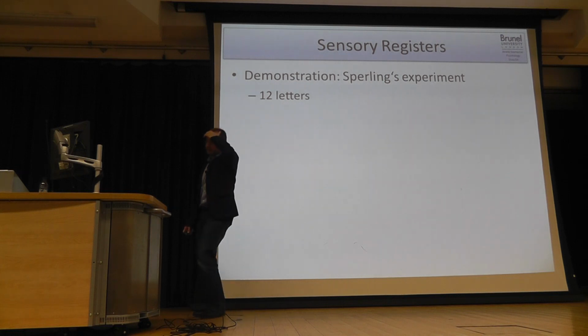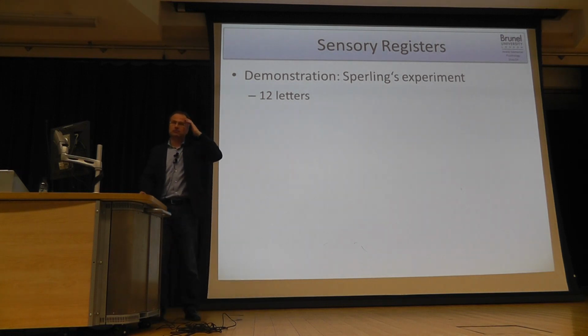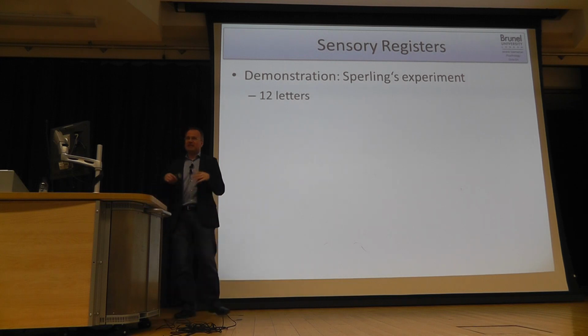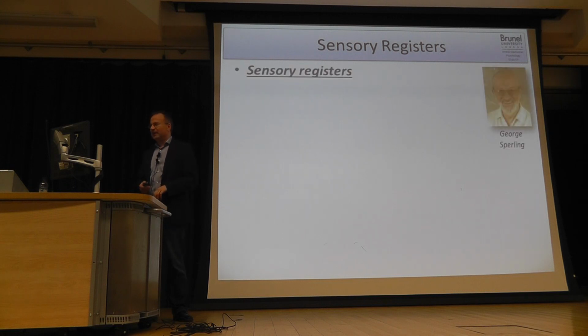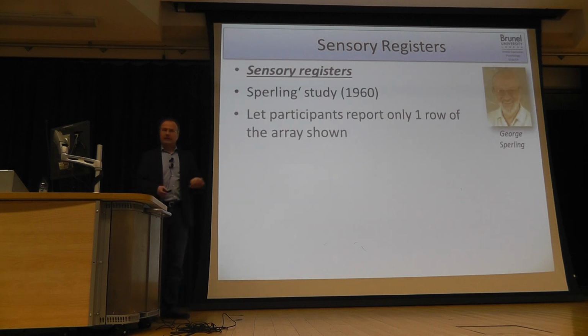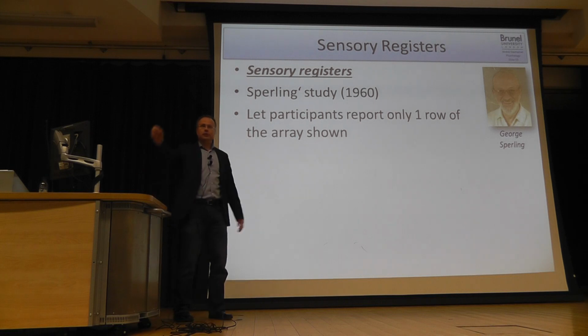Now Sperling found that indeed participants again were around 4 letters, 3 to 4 letters. But then, no idea how he came to this idea, he introduced a variation to that paradigm. He asked participants only to report 1 of the rows.